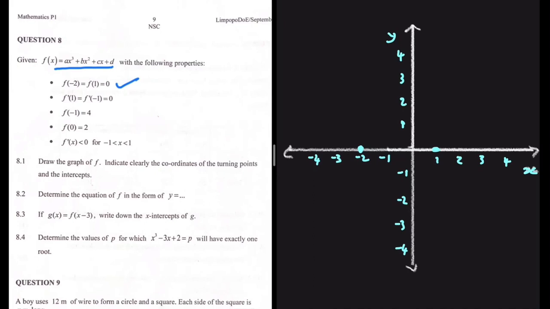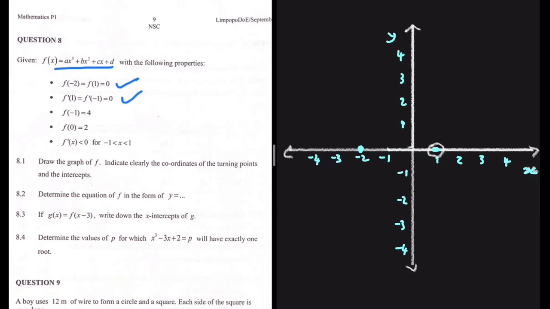The next property is that f prime of 1 is equal to f prime of minus 1 is equal to 0. So at x equals 1 and x equals minus 1, the gradient is 0. Here at x equals 1, we have an intercept and turning point at the same time.